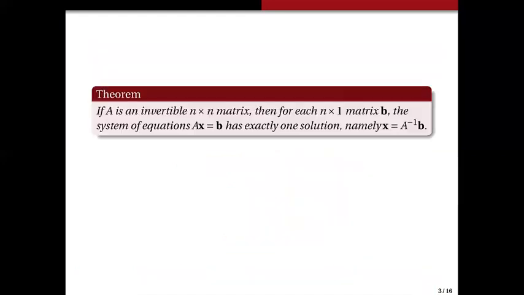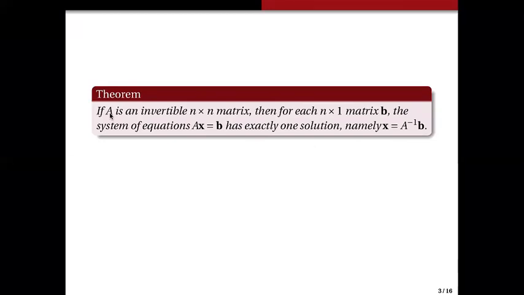Next. So we have the following. If A is an invertible n by n matrix, then for each n by 1 matrix B, the system of equations Ax equals B has exactly one solution. And this solution will be of this particular form. X will be A inverse B. Okay?